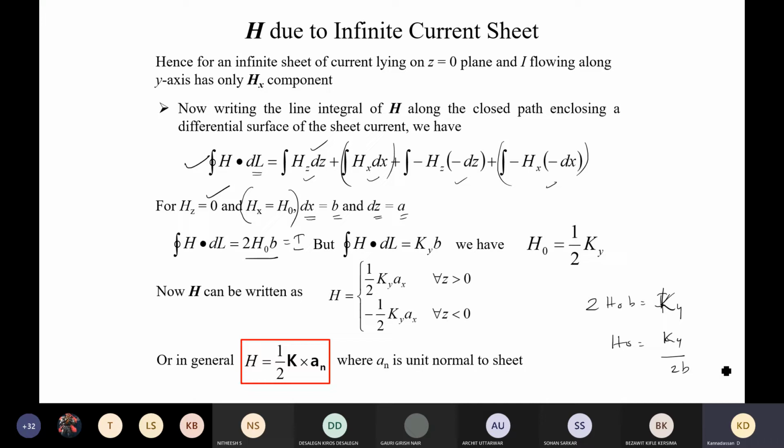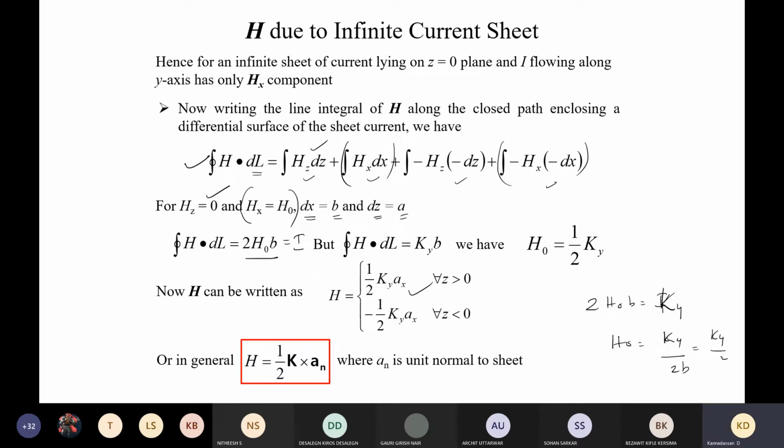If we say that b is unit value, then it is Ky by 2. So we can easily calculate the magnetic field both up and down. Since b is a relative term, at any particular point we are going to get the same magnetic field. So this is what we can understand out of the given structure.